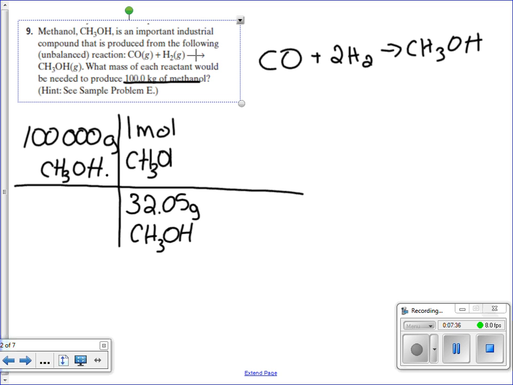So now that I have my value in moles, I can do a mole ratio. So if I look, for every 1 mole of methanol, I have 1 mole of carbon monoxide. I have methanol at top here, so I have to have methanol on bottom here so it cancels out.